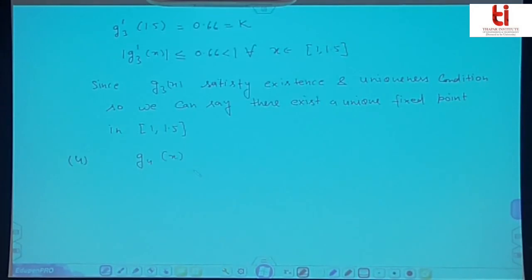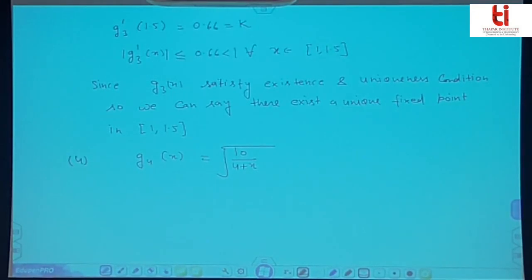If we are taking g4(x), what is it? That is the square root of 5 over (4 + x). If you see from here, as x is increasing, g4(x) is decreasing.